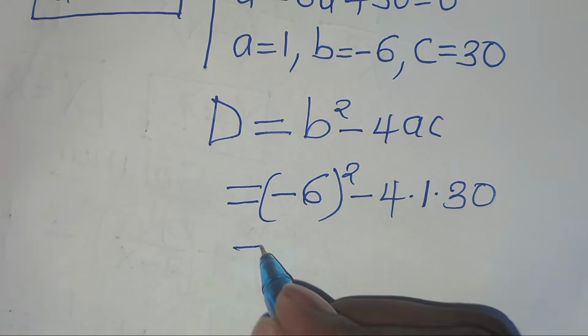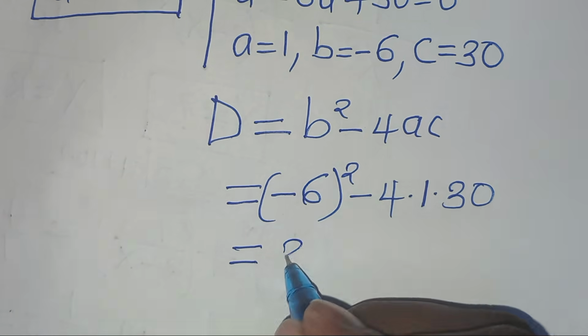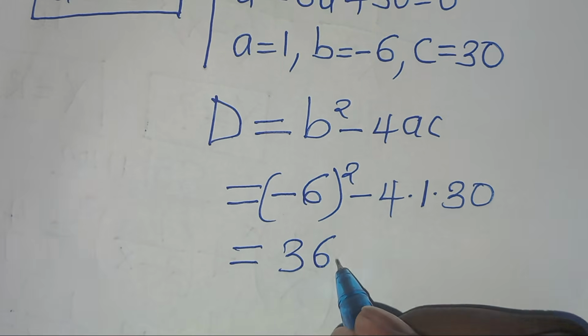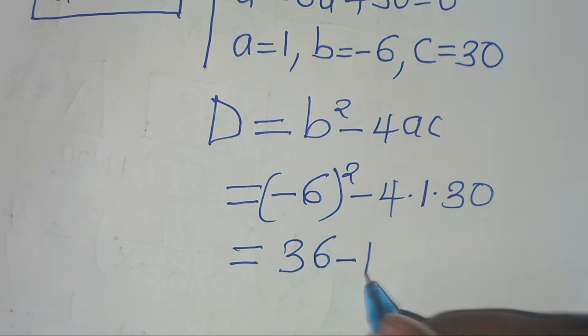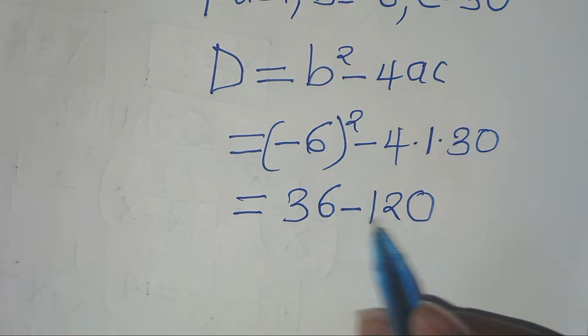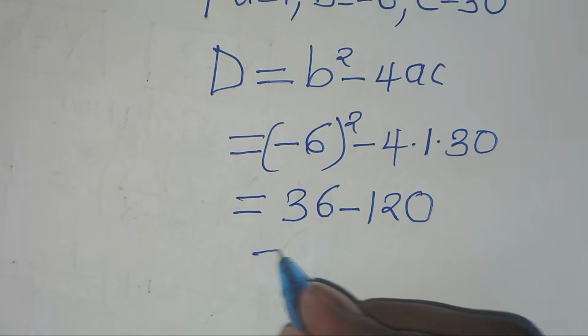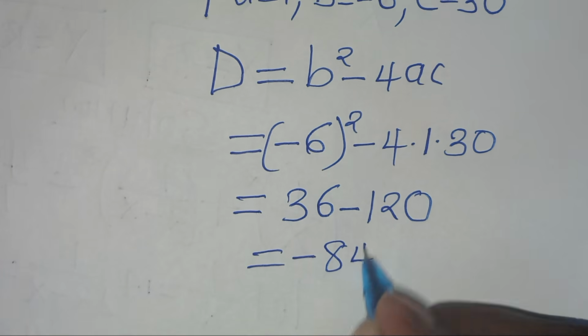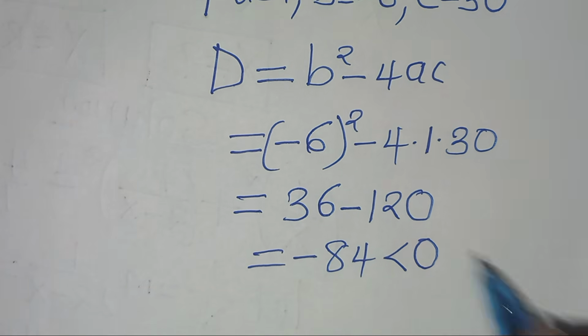So this implies that we have negative 6 squared, which is 36, subtract 4 times 30, which is 120. So 36 minus 120 is equal to negative 84, and this is less than 0.